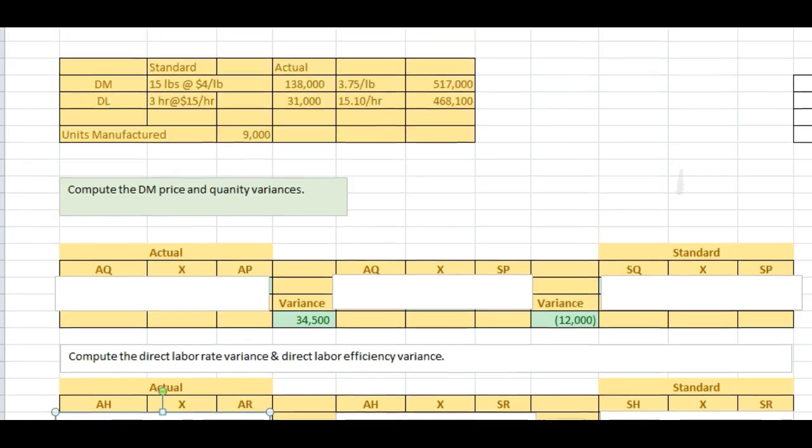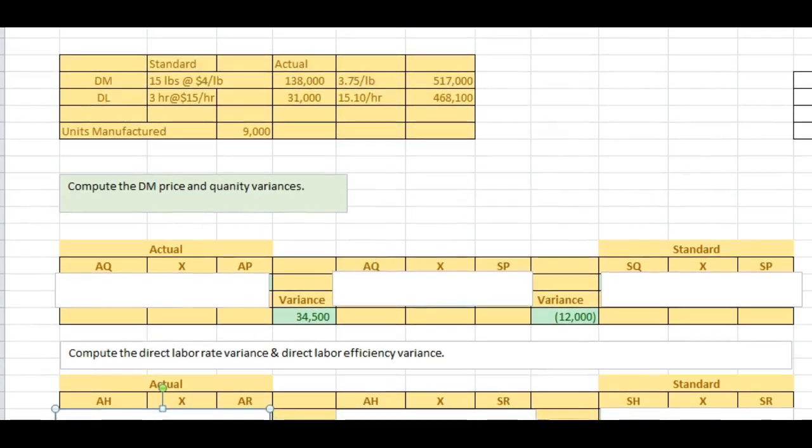This one is looking at the direct material price and the quantity variance. So we're doing labor and the material together in both of these.